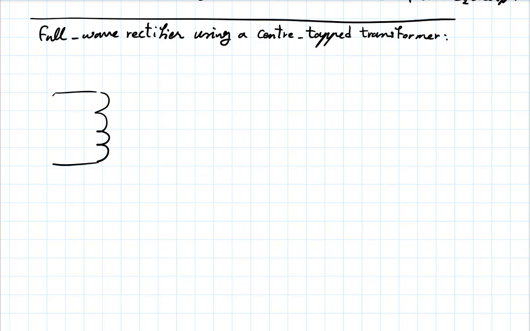So if this is your input, your output can be like this. You can put a diode here, and this is your load.